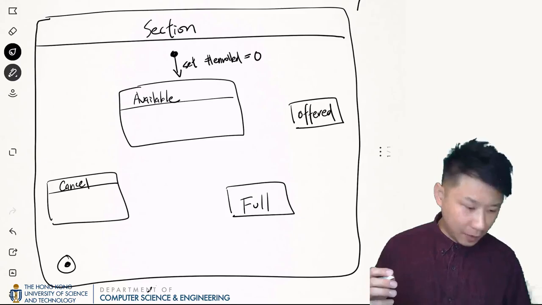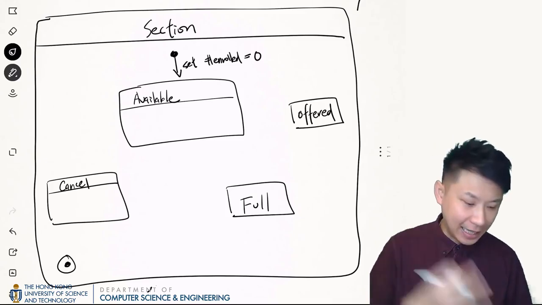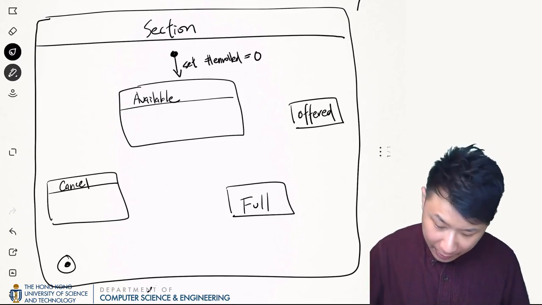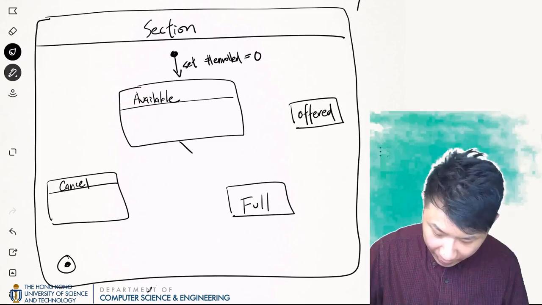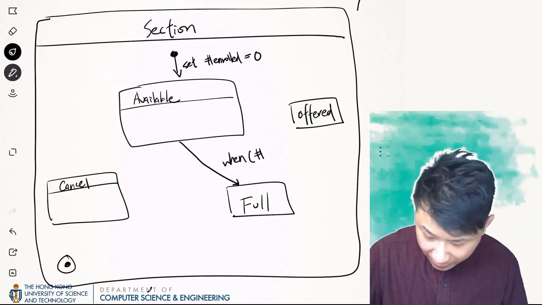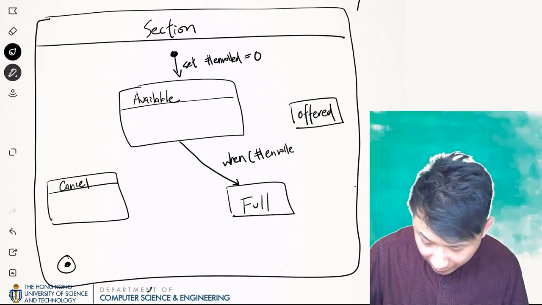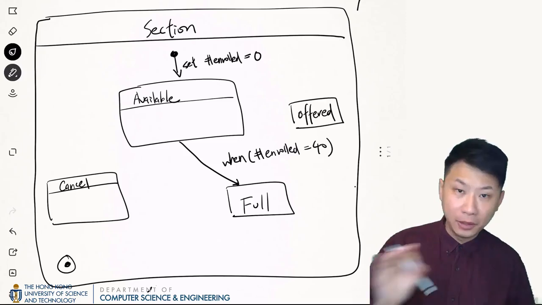Then according to the problem statement, when we have 40 students in the class, the class becomes full. So now we may move from available to full, and we have a change event: when enroll equals 40, we move from available to full.